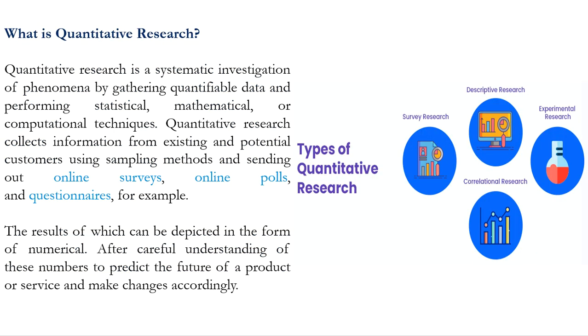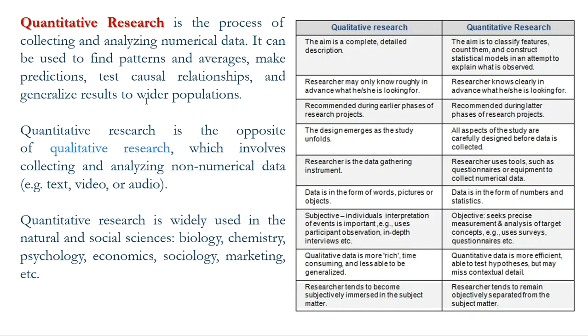Now, what is quantitative research? Quantitative research is a process of collecting and analyzing numerical data. It can be used to find patterns and averages, make predictions, test causal relationships, and generalize results to the wider population.